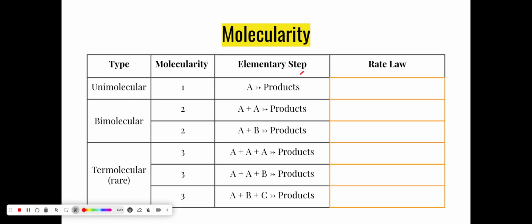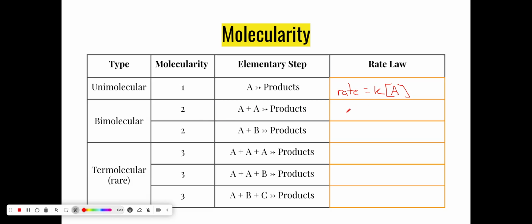So when we're going through the rate laws here, guys, it's simply going to be reflective of our reactants, and we're going to write the rate law with respect to how many of each reactant we have. So, for example, the rate of our first chemical equation here, which was A decomposing to form the products, would be the rate is equal to the rate constant times the concentration of A. Very simple there.